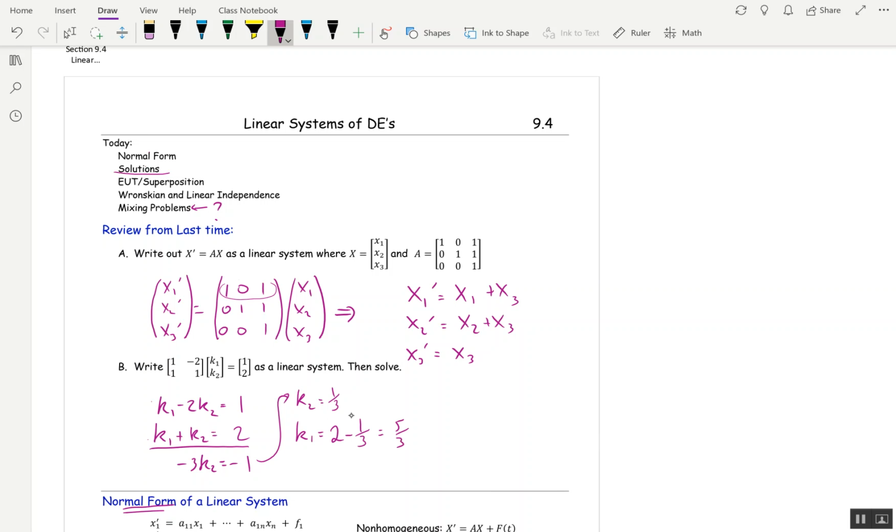So my solution is K1, K2 equals 5/3, 1/3. You can't clear fractions because there's no parameter, there's nothing free. There's only a single solution, it has fractions, and you're stuck with them.